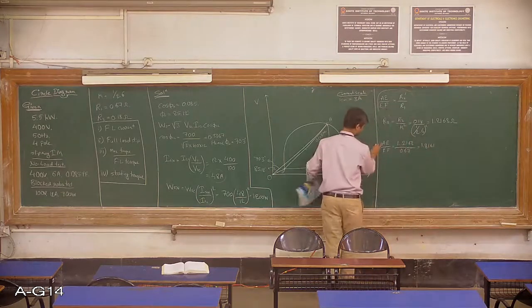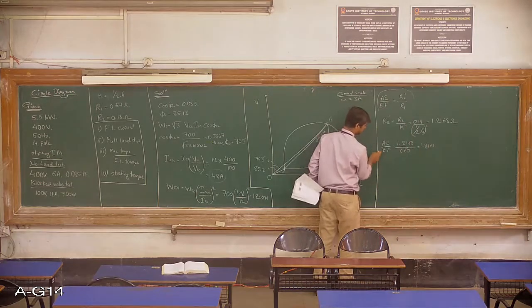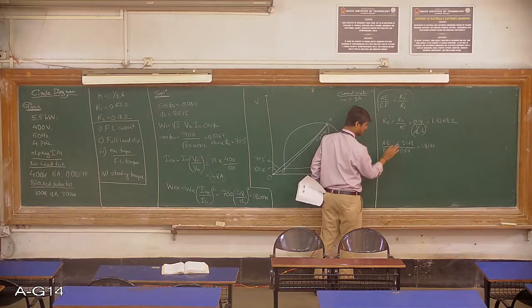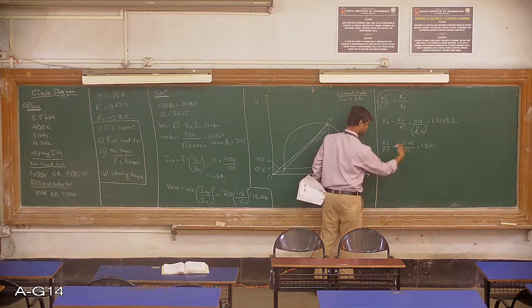This AE by EF is giving us the ratio of rotor copper loss to stator copper loss.